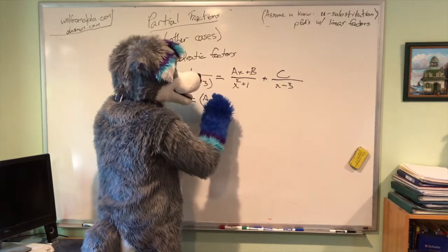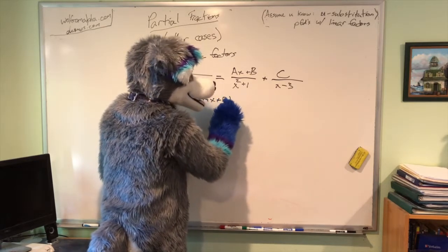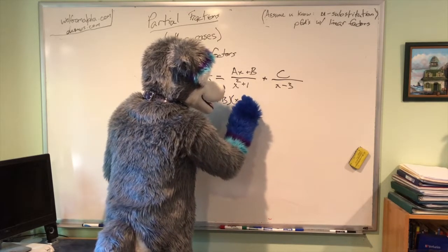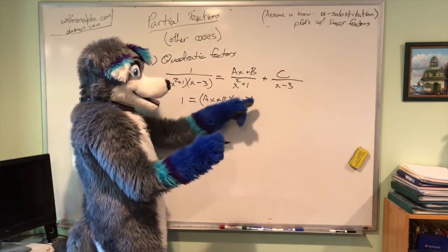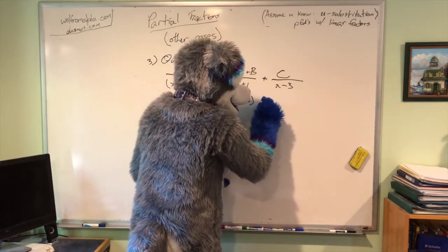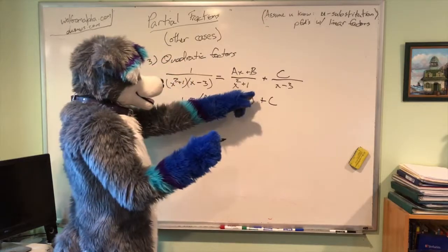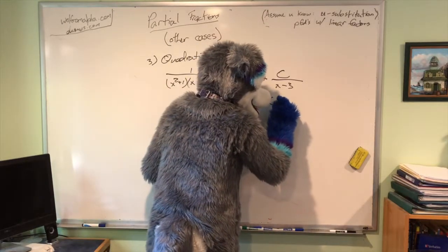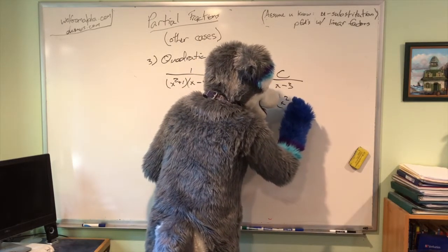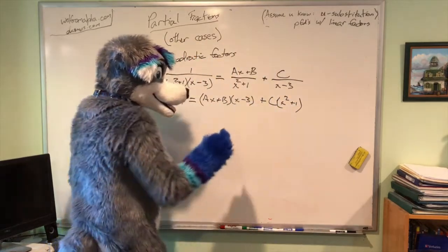And I'm left with plus b times x minus 3. And then the x minus 3 part goes away, leaving x squared plus 1.